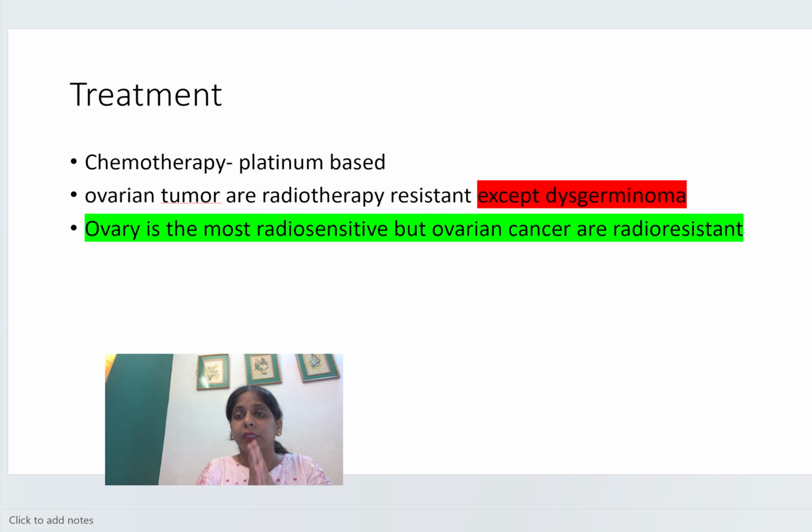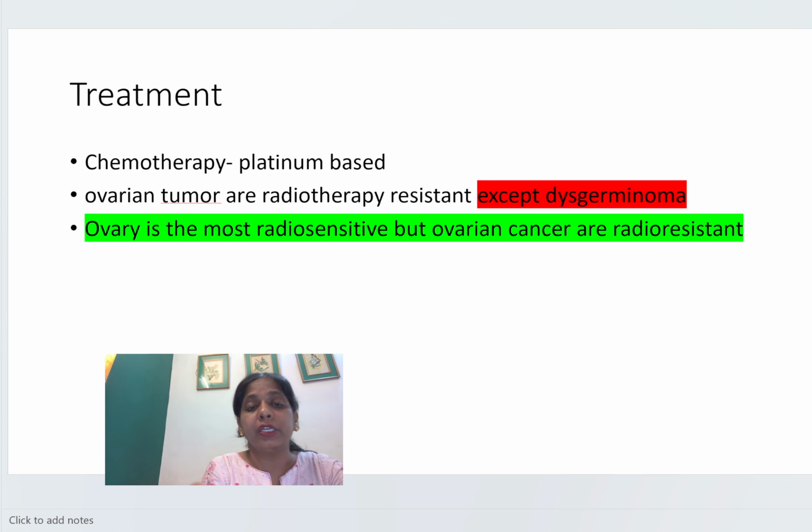Ovary in the whole body, ovary is the most radiosensitive organ, but ovarian cancers, they are radio resistant. Okay, they are radio resistant except dysgerminoma.